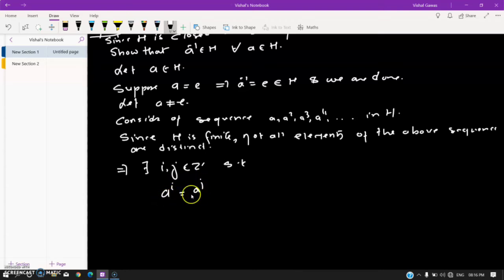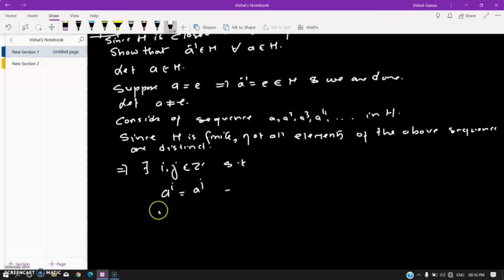I would have at least two elements whose power is the same because H is finite. So without loss of generality, I can assume i is bigger than j. Of course, you can assume otherwise, but that's fine.